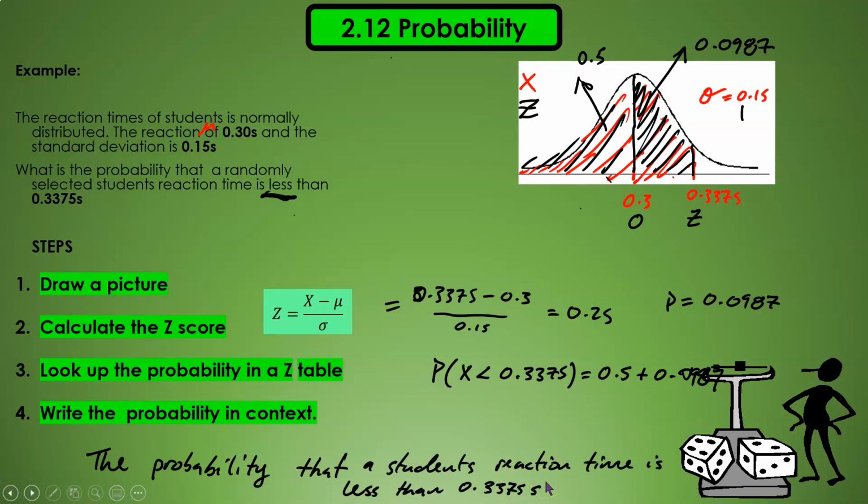The probability that a student's reaction time is less than 0.3375 seconds is 0.5987. Sorry, I forgot to write that up here as well. So close to 60%.